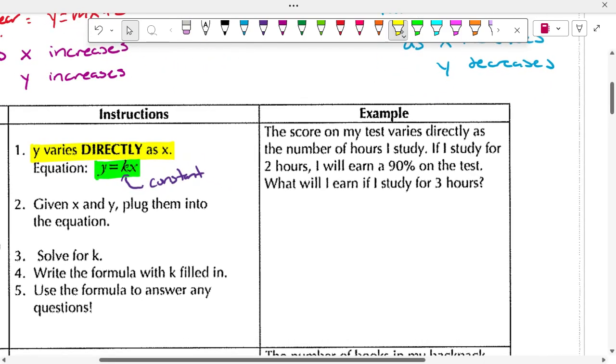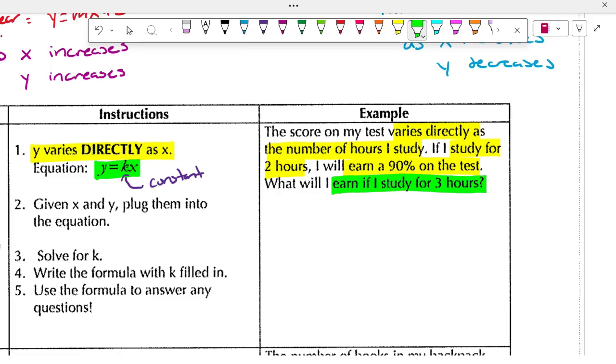So the score on my test varies directly as the number of hours I study. If I study for 2 hours, I will earn a 90% on the test. What will I earn if I study for 3 hours? What it's saying is that the percent I make on the test, or my score, is equal to some factor k times the number of hours I study.